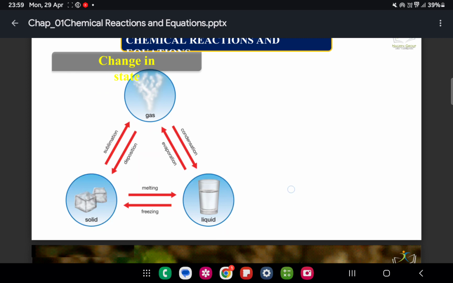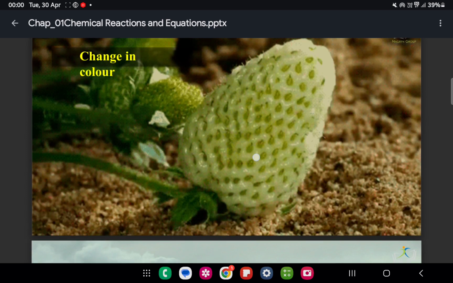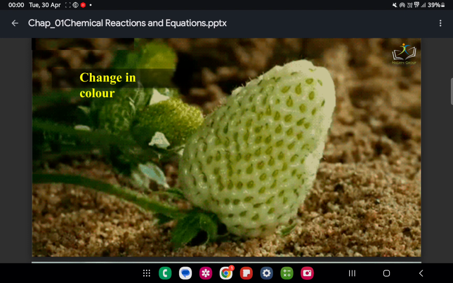Next we can move to change in color. See, some of the fruits at the beginning, this is one example they are giving. Strawberry at the beginning will be green in color. When it goes on changing color, after some days the color will change into red mixed with pink, then it will be ready to eat.